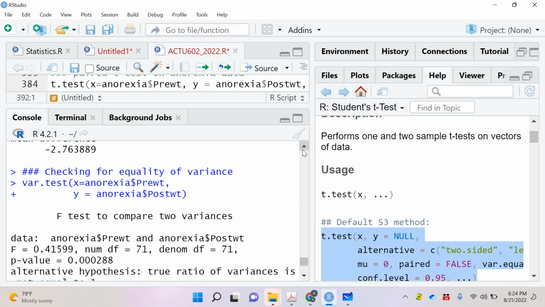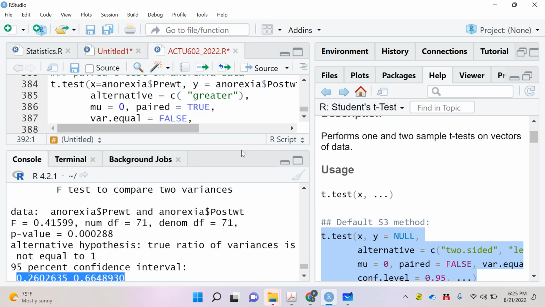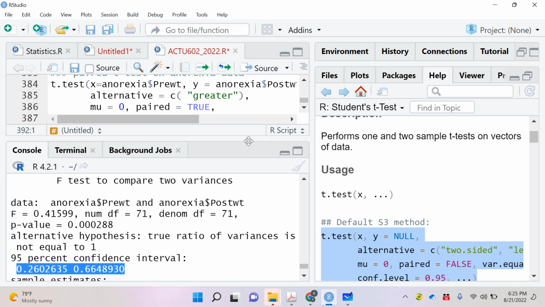Is it the same? Okay, all right. So whichever one we use, we will get what? The same conclusion, whether we use the F.